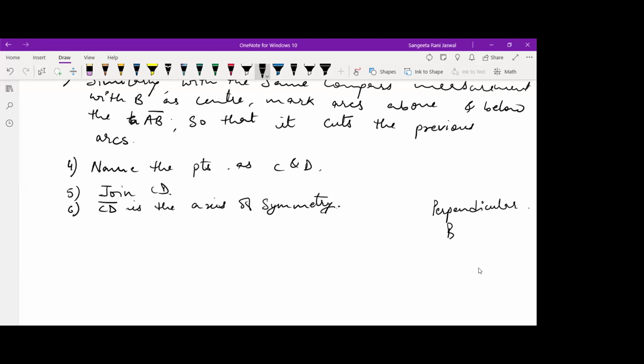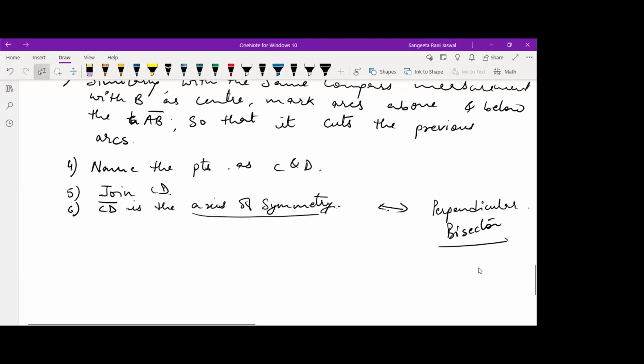Okay. Axis of symmetry and perpendicular bisector are the same things. So you understood how to write the steps of this?